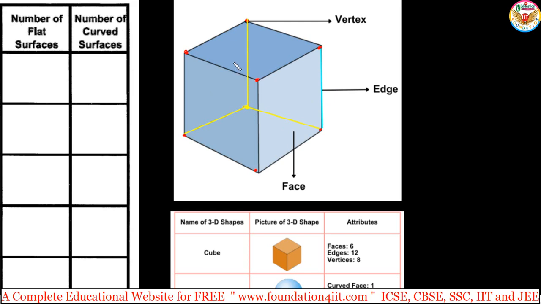And edges, if you count: 1, 2, 3 and 4, down also we have 4, and sides 4. So 4 fours are 12 edges. Vertices are 1, 2, 3, 4, 5, 6, 7, 8, and faces 6. Like this, for every 3D shape you should know the number of vertices, edges, and faces.